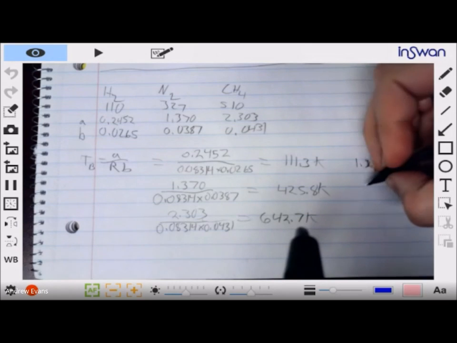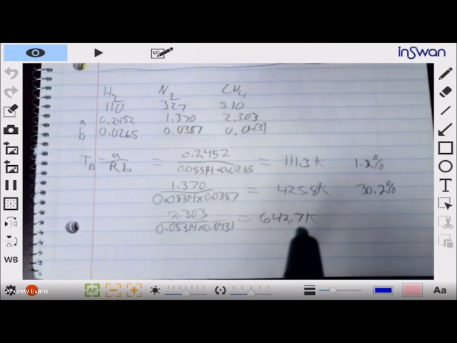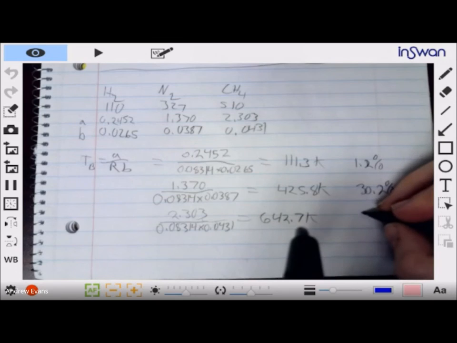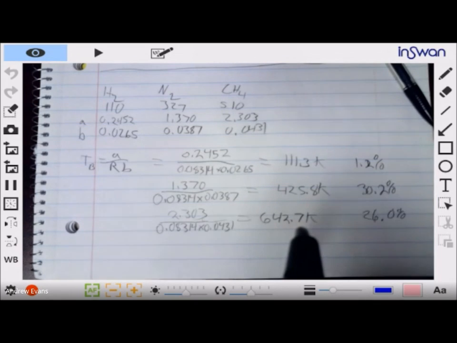That one's more of a 30.2% difference. And with methane, probably a little bit smaller of a change, but still pretty significant, so 26% difference. These numbers are provided without context of why they're bigger, just that this is what they have.